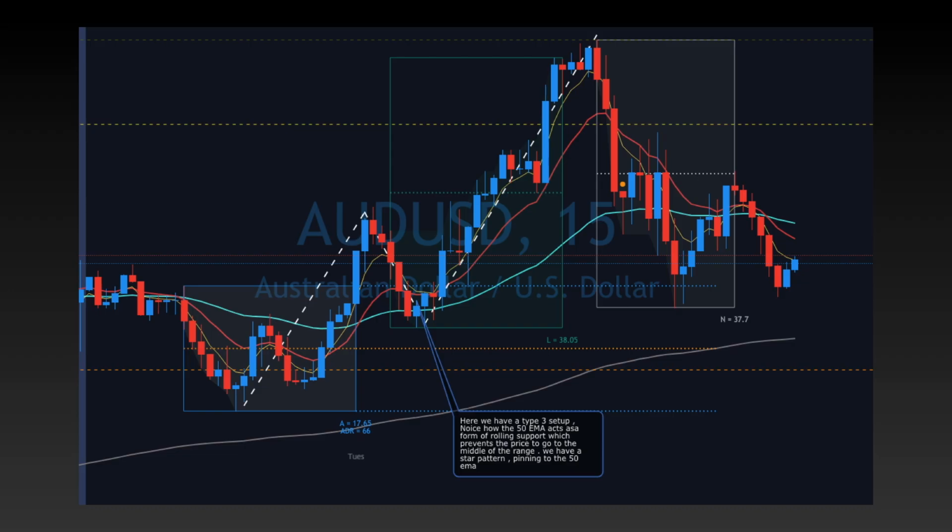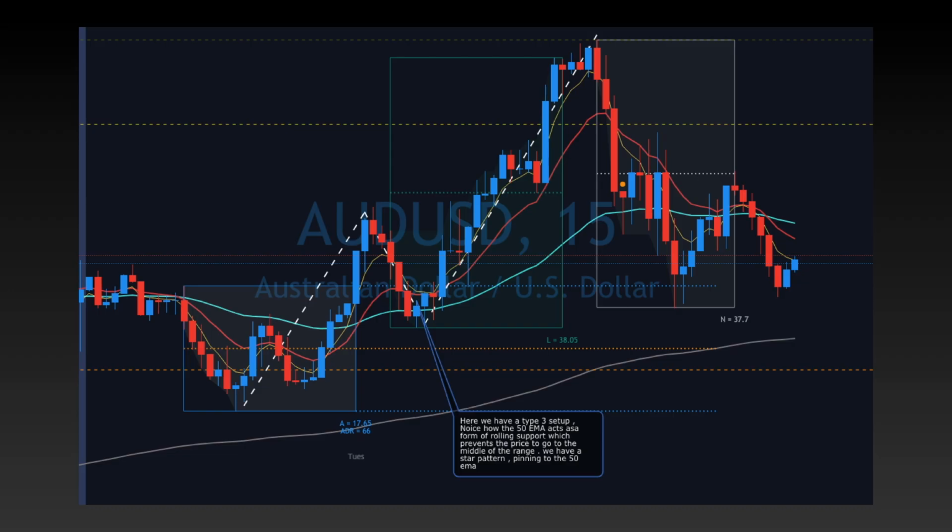We know that it's still a good setup because we understand that the 50 is acting as moving support and it's preventing it from getting to the middle of the range. You still get a type 3 pattern at the right time with a star pattern right there. The entry is going to be on the pullback of that red doji candle that gives you damn near a huge pullback all the way back to the bottom.